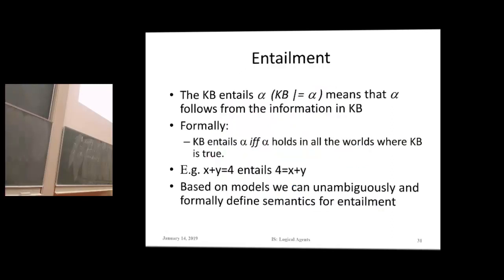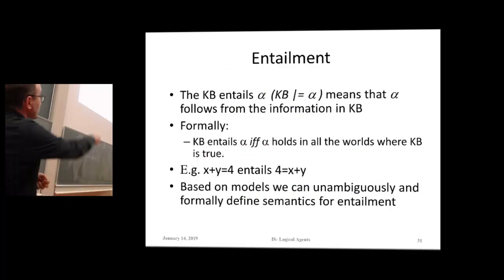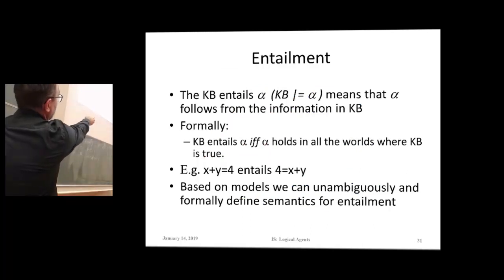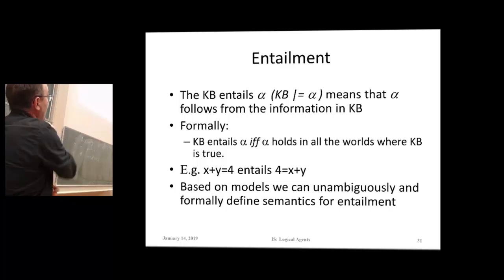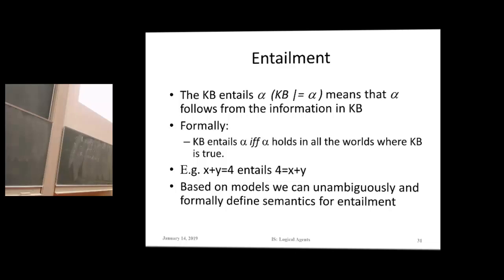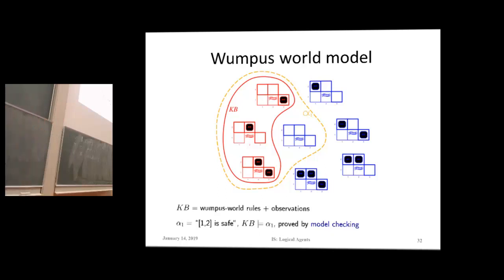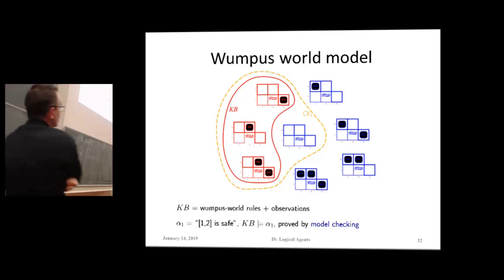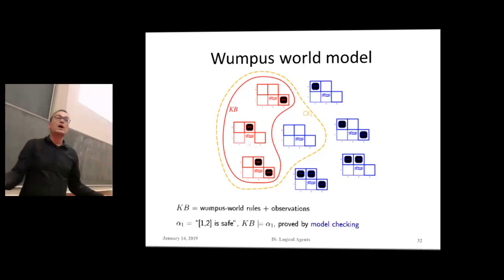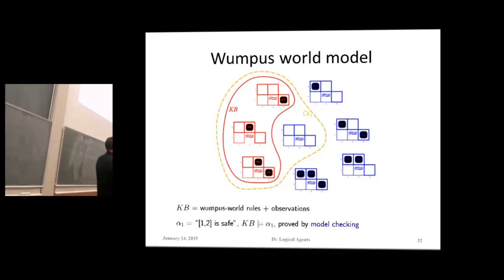So the entailment was defined as, we write it down like the knowledge base, here is my pointer. The knowledge base implies some facts if some information holds in all the models of the knowledge base. So let's look now whether, for example, the statement safe 1, 2 follows from the knowledge base. That was our assumption that we had here on the board.